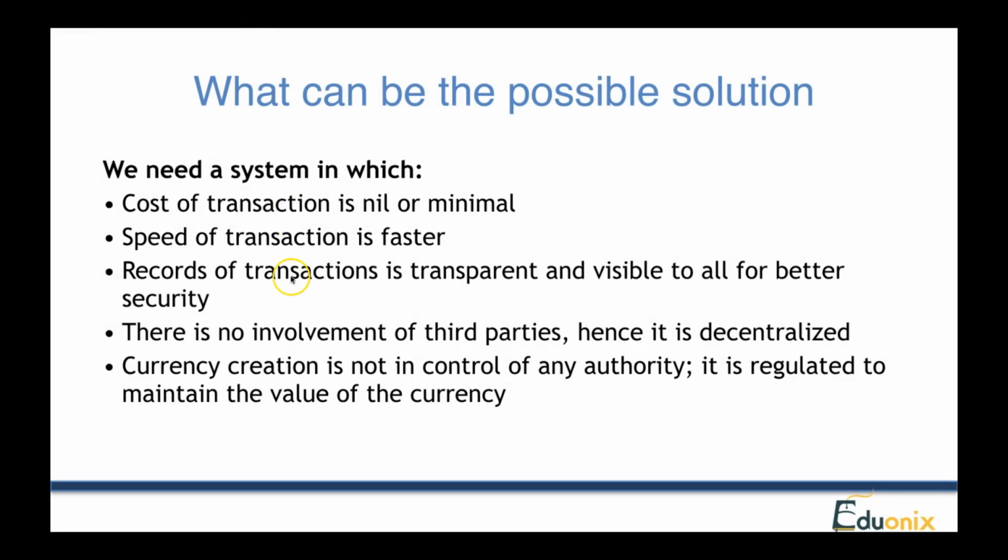And you might be wondering that there are some people who don't want to show their transactions. Yes, we also have a solution for that in blockchain: private blockchains, where you don't want everyone to see your transactions, just a group of people, especially in enterprise, where they don't want to show transactions for many reasons, for security reasons.